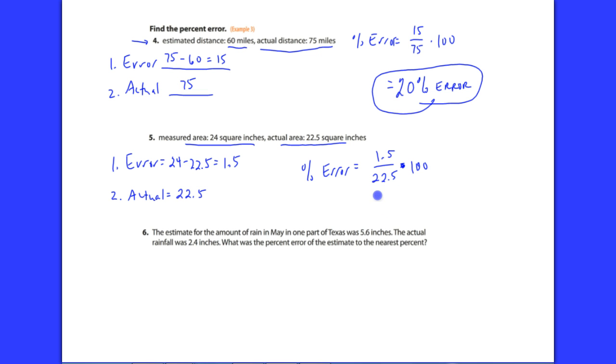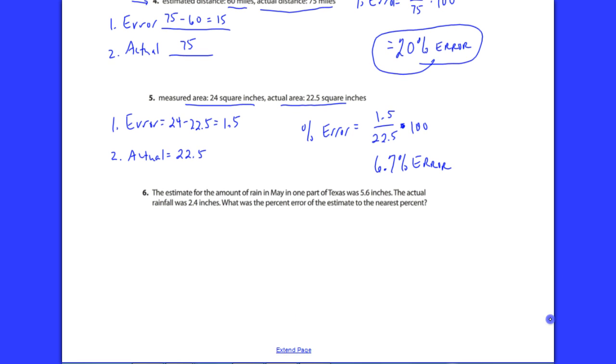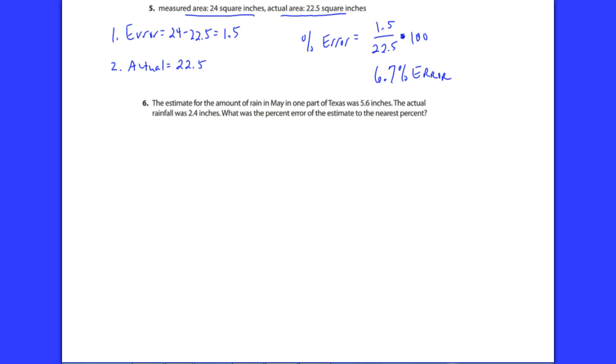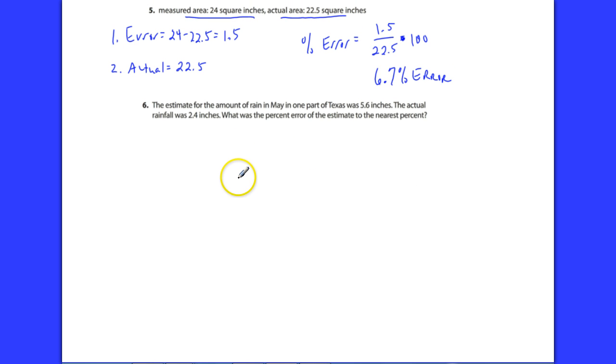I think you get 6.6 repeating, so let's just round that off again to 6.7% error for that problem. It's that easy. Very similar to the last questions. Really easy to do if you'll take the time and just think through what was the error, what was the actual amount right here.